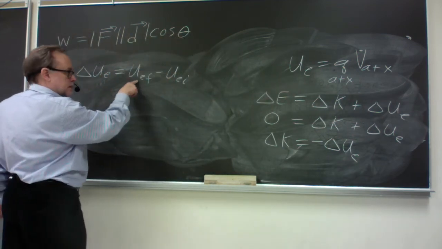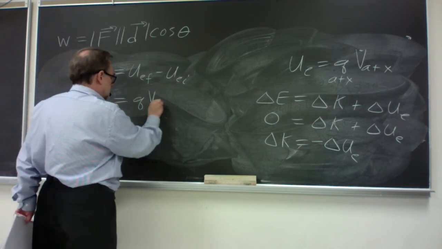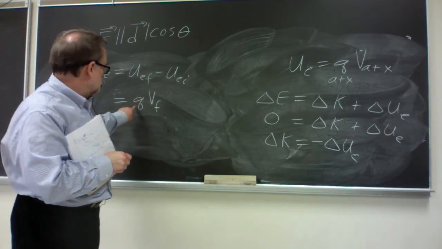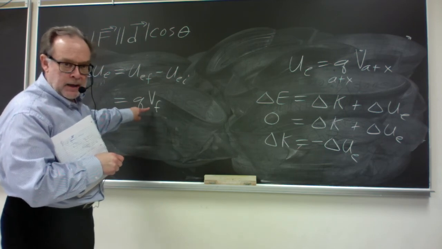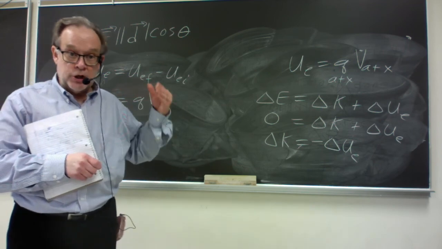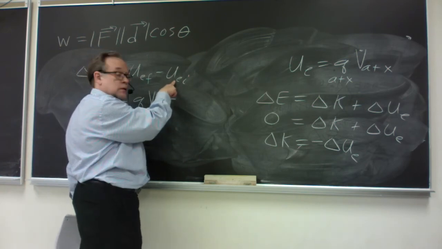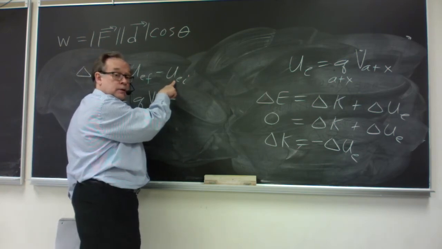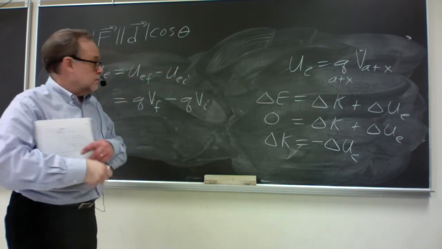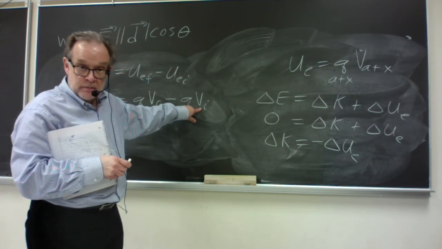The final electrical potential energy is just charge times the final potential. In other words, we're imagining moving Q around, and then V final is the potential at the location where Q ends up, minus the initial electrical potential energy, which is just Q times the initial value of potential. This is the value of potential at the location where Q started.